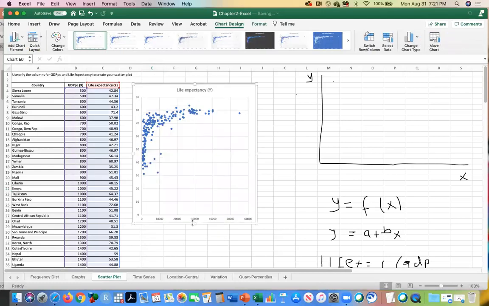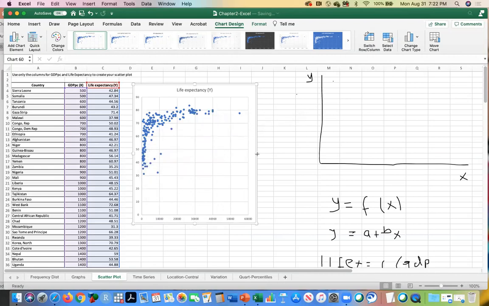If somebody asks me, do you think that creating a better economy is going to be good for people? You can say, sure, there is evidence that shows that as the economy grows, if we move from the left to the right and from the bottom to the top, as the GDP increases, life expectancy also increases.